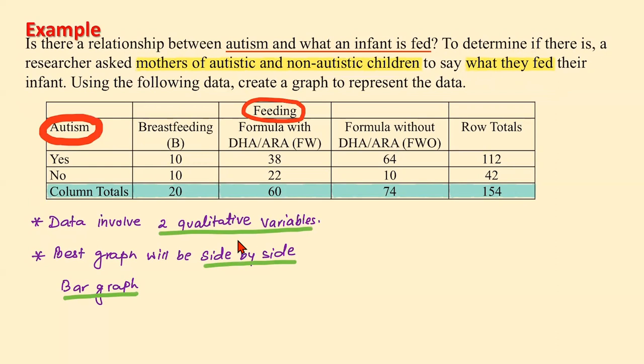In order to create this type of graph, it is not very difficult. All you have to do is along the x-axis, we can have what is the feeding. So along the x-axis, we'll write feeding. Let me write that.